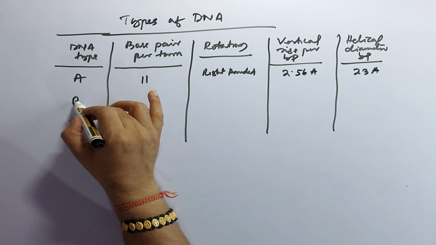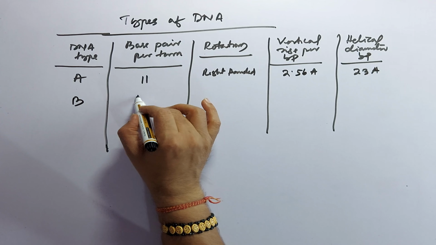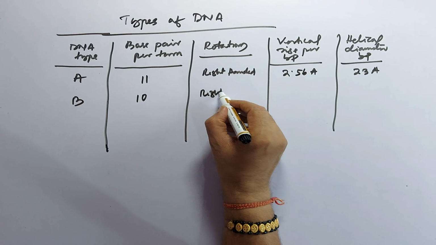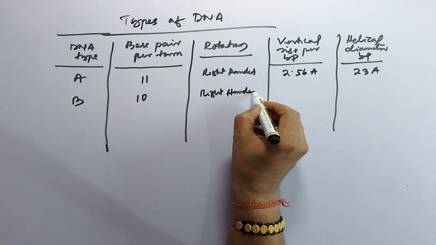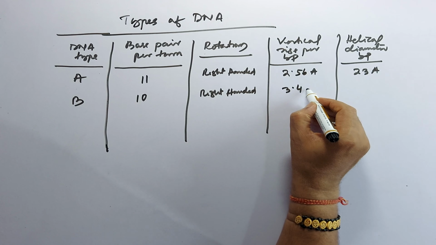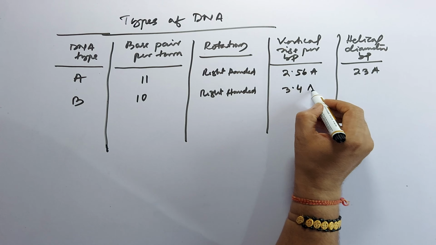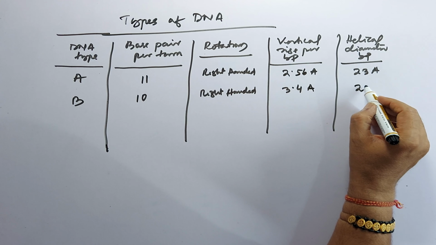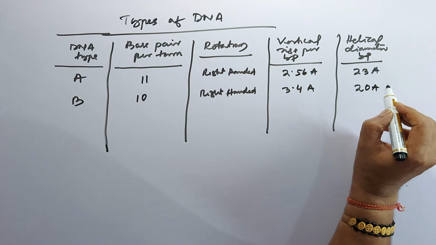In B-DNA there are 10 base pairs per turn, it is also right-handed, 3.4 angstrom, and the diameter is 20 angstrom.